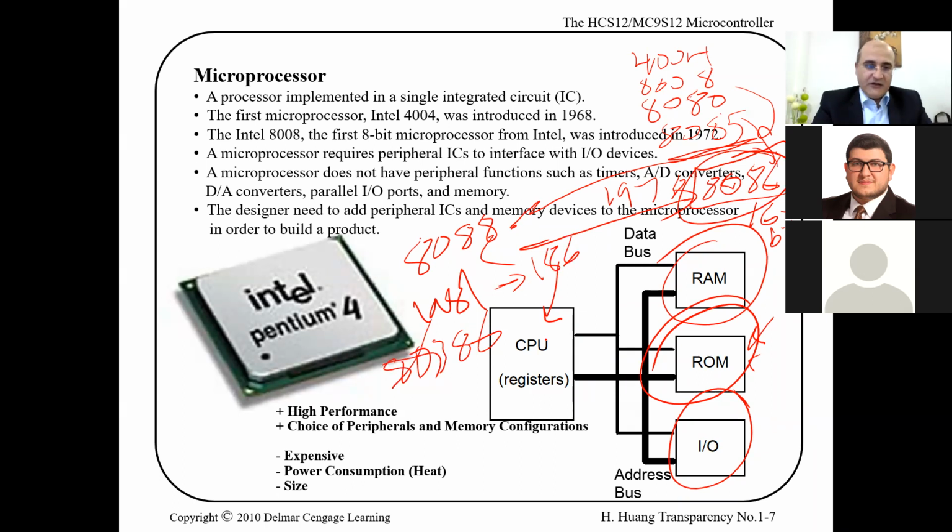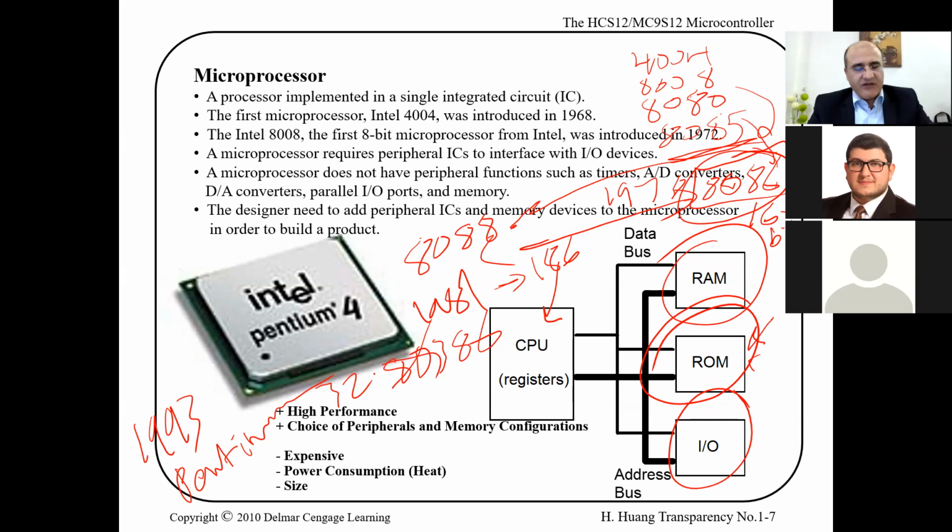Then in 93, and I still remember that day, they produced the Pentium. The Pentium was also 32-bit. When they produced the Pentium, they produced several versions. In 95, they did the Pentium Pro.